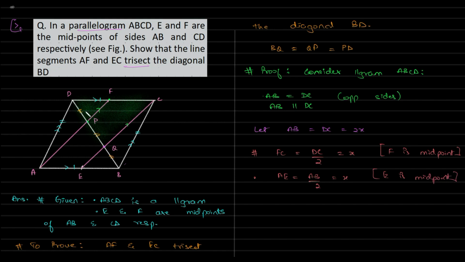So what does this help with? I hope you are able to realize this: FC is parallel to AE. This is x, this is x. So what can you conclude?